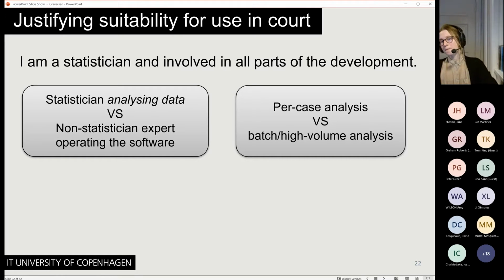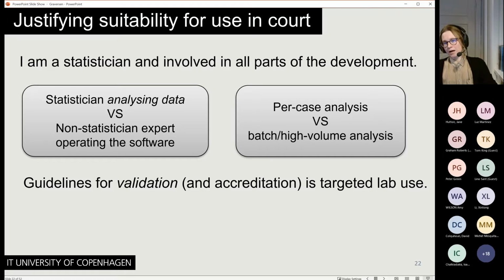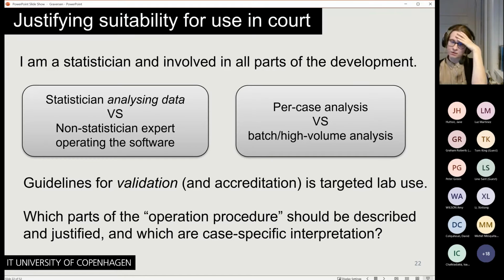And it's a different way that you analyze data if you have to churn out a number of reports per week. It's struck me that many of these validation and accreditation documents are very much targeted at lab use, and I constantly find myself ever so slightly falling outside of these categories.